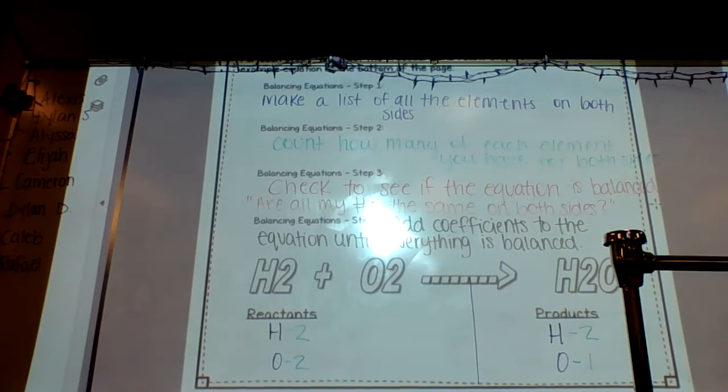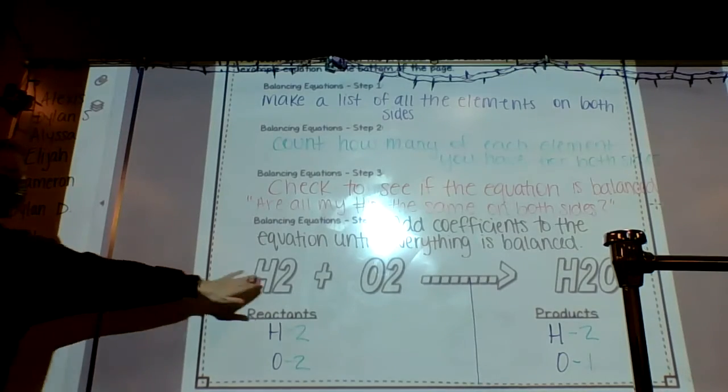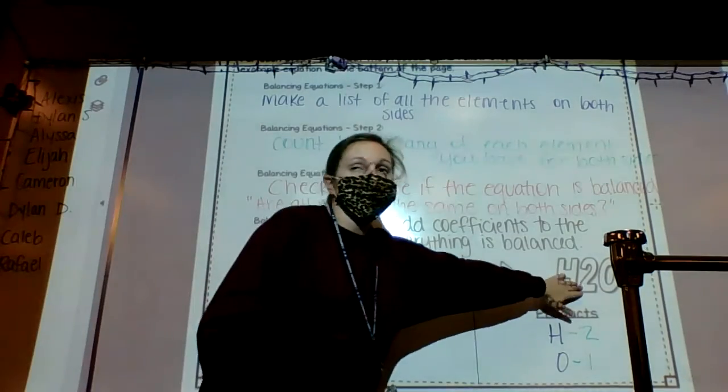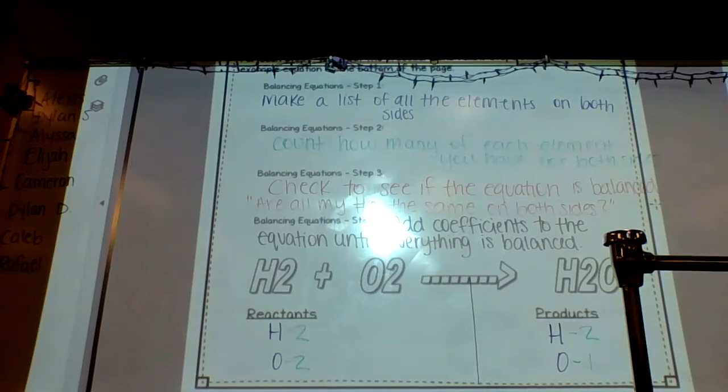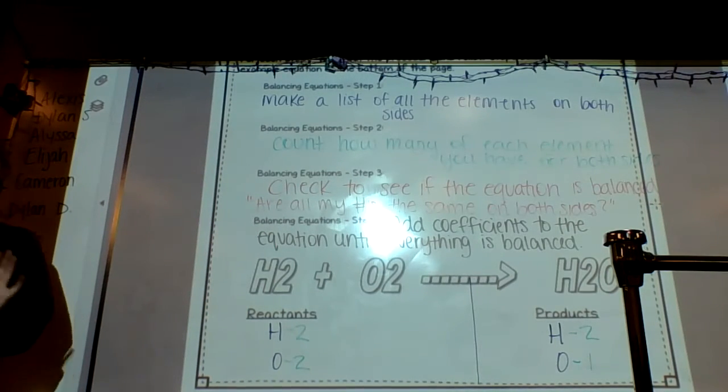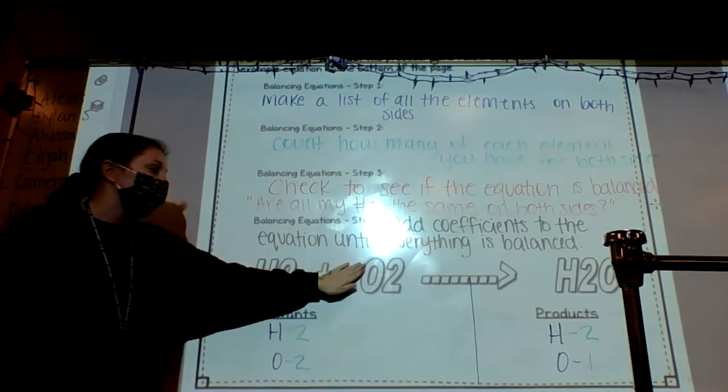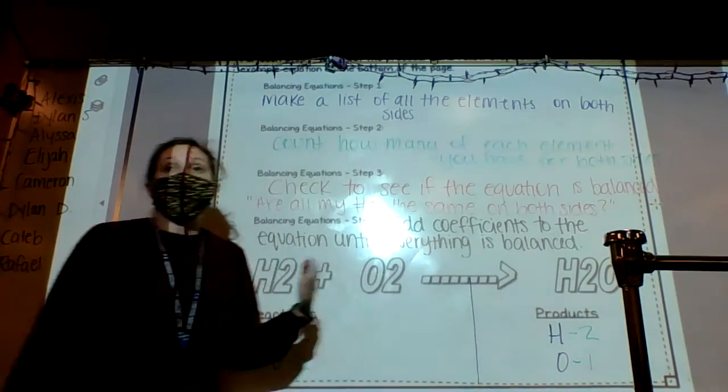Remember, this is when you cannot change the subscripts. These subscripts that are here are permanent and I cannot change them, because then I change the whole equation itself and the atom that it's talking about. What I can do is add big numbers in front to make it all balanced.